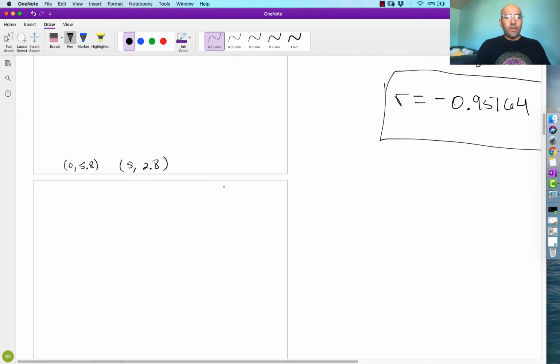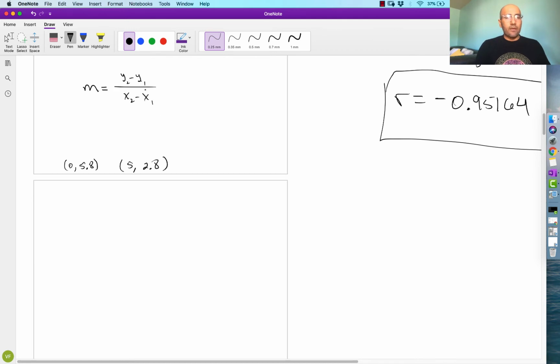Okay, so there's a couple of different ways to find the equation of the line that goes between 2 points. One popular way is to go through this equation, find m, which is y sub 2 minus y sub 1 over x sub 2 minus x sub 1.